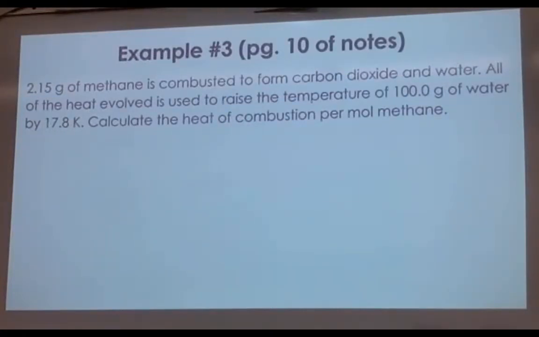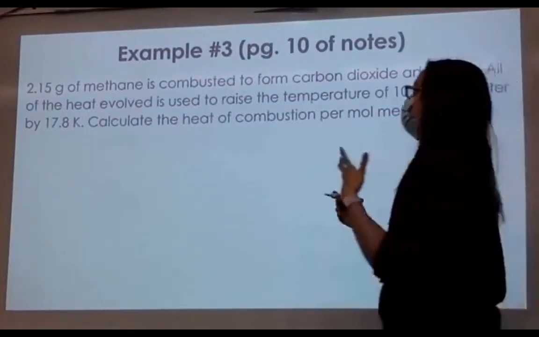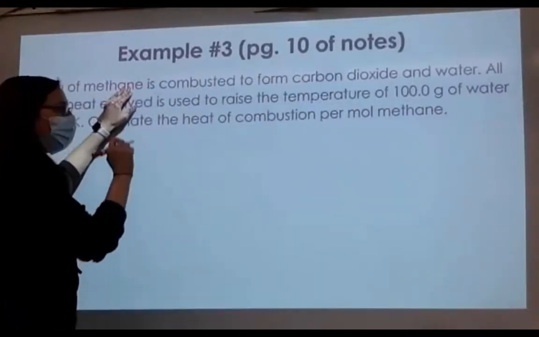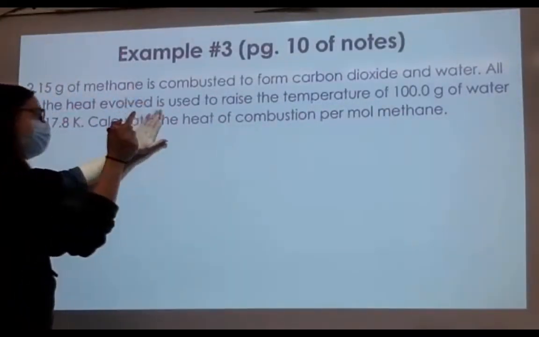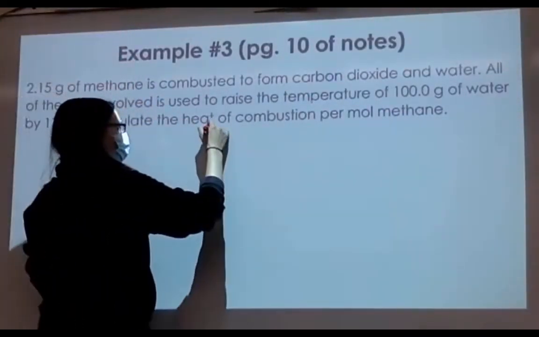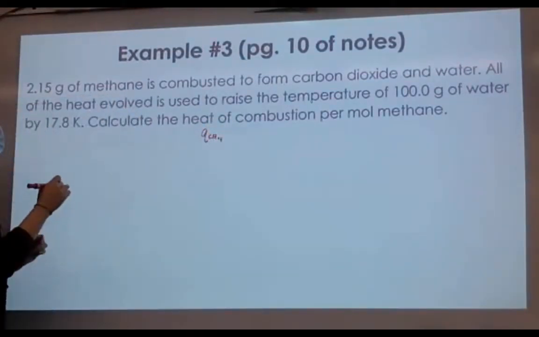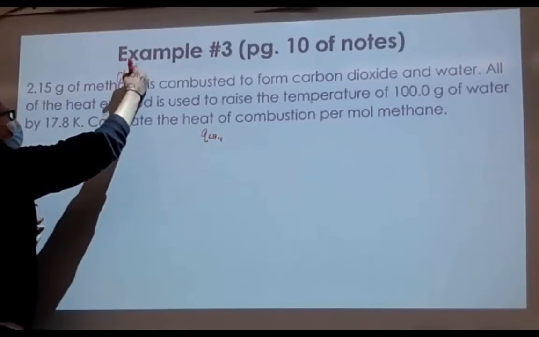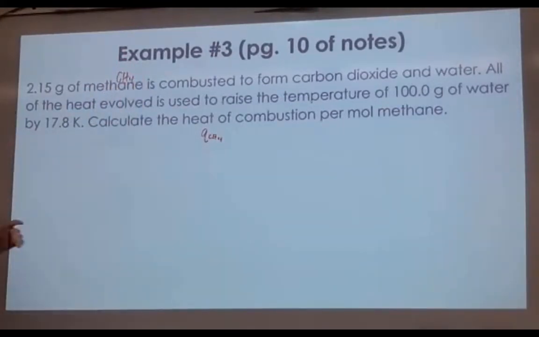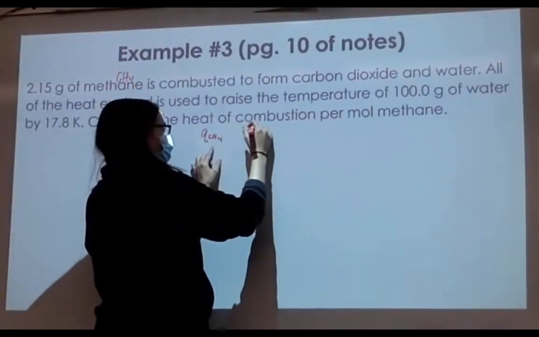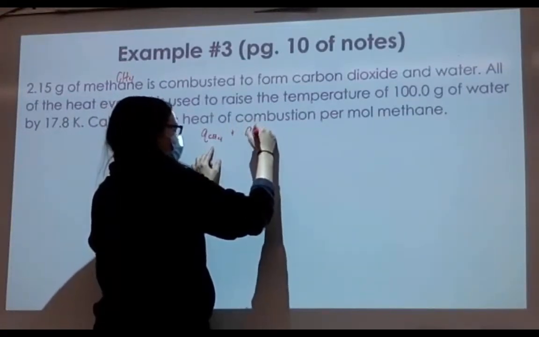Now, in this example, I have 2 systems. I have 2 focuses. I have methane and I have water. So that means that I have Q of methane. Methane again is CH4. So I have the heat of methane that I have to worry about, and I have the heat of water.